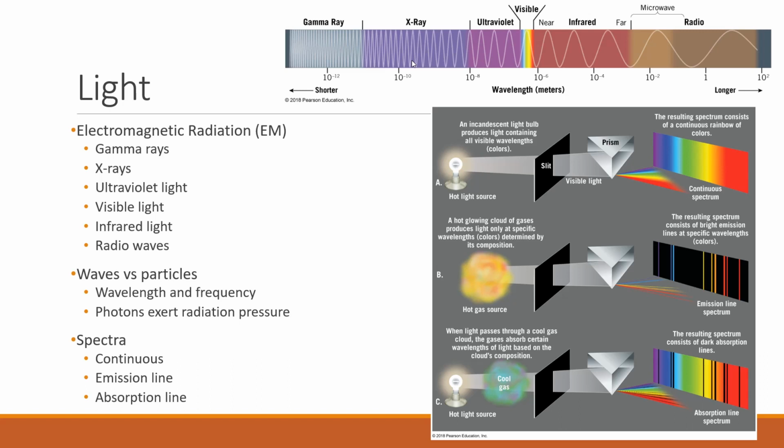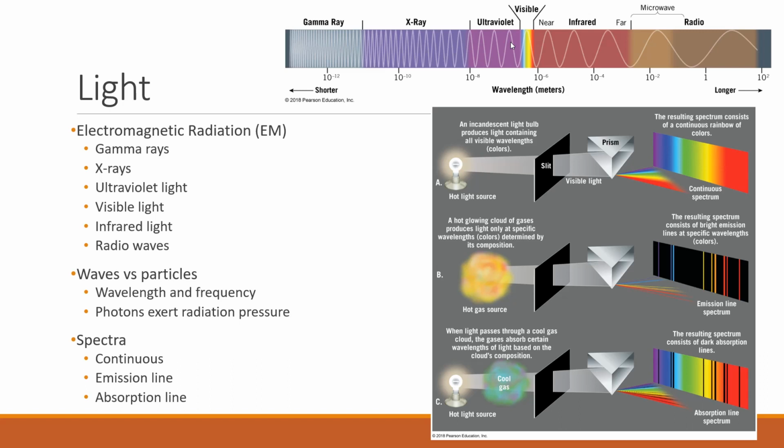Then we have visible light, which is a very short spectrum. The different colors that we see are due to different wavelengths. The highest energy is violet, which is right next to ultraviolet. If you know the term Roy G. Biv, it actually goes from lowest energy to highest energy.